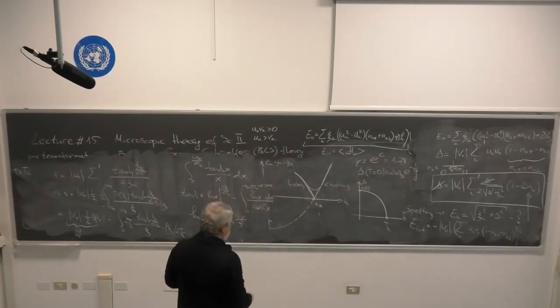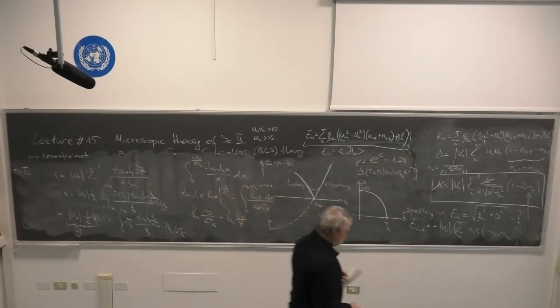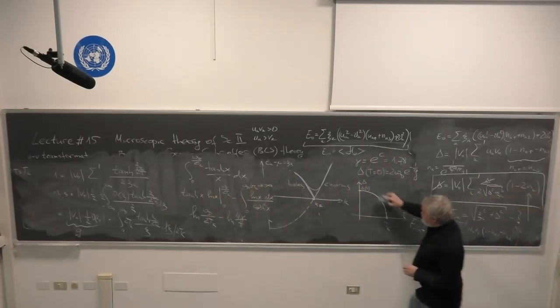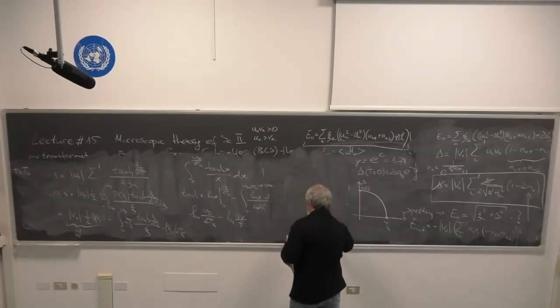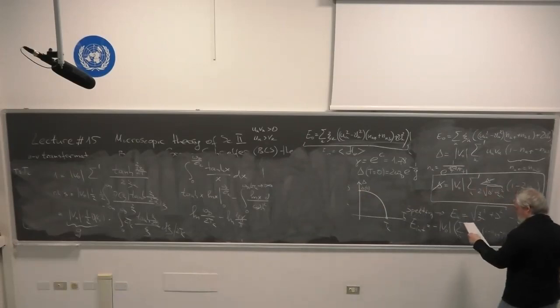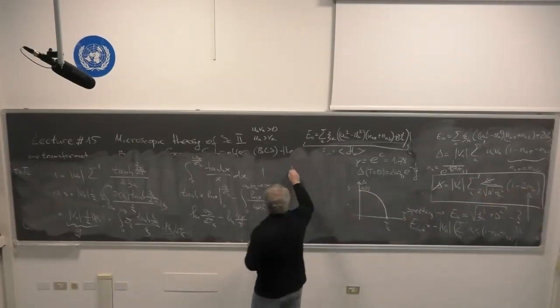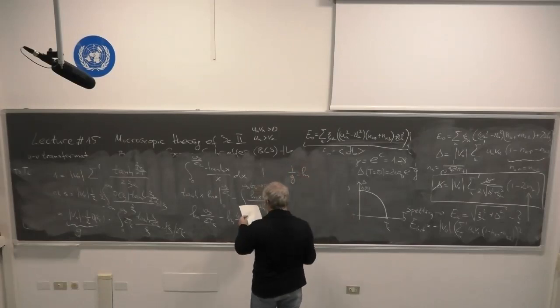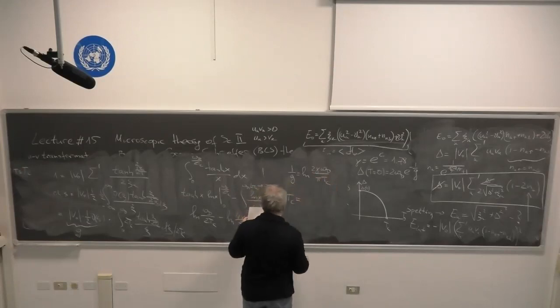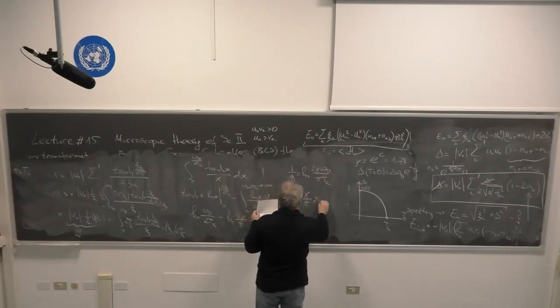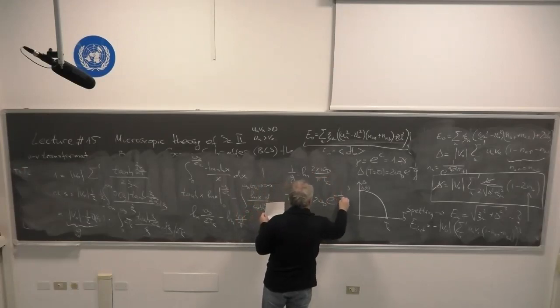So, what I got? 1 over g is equal to log of 2 gamma omega d divided by pi Tc, or Tc is equal to 2 gamma over pi, omega d e to the power minus 1 over g.